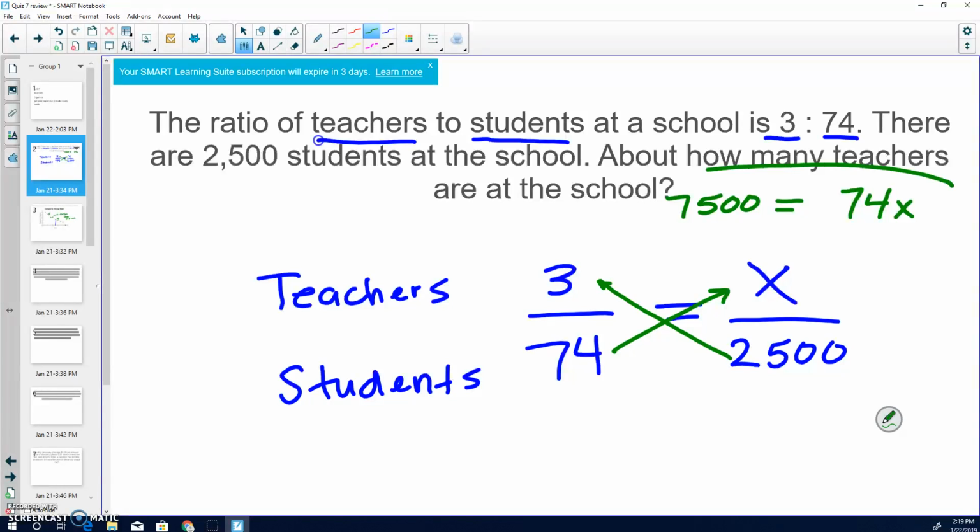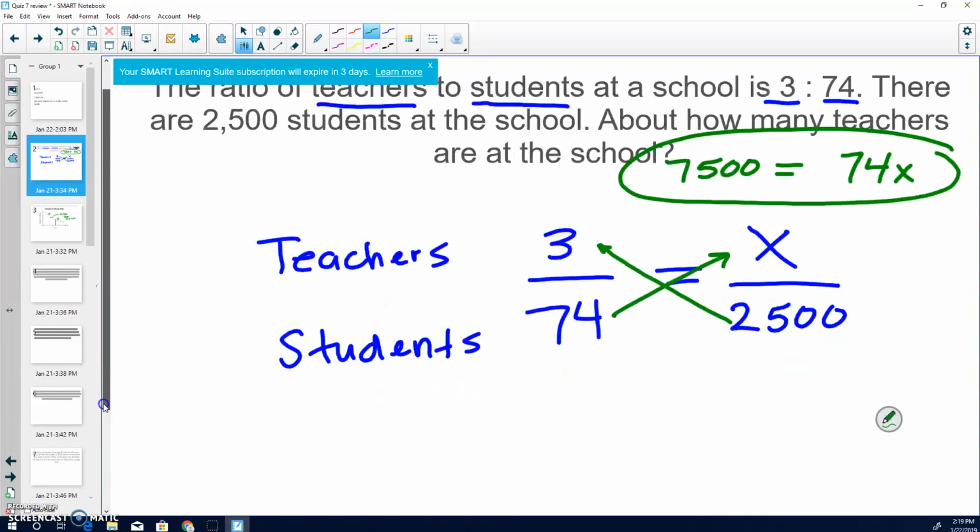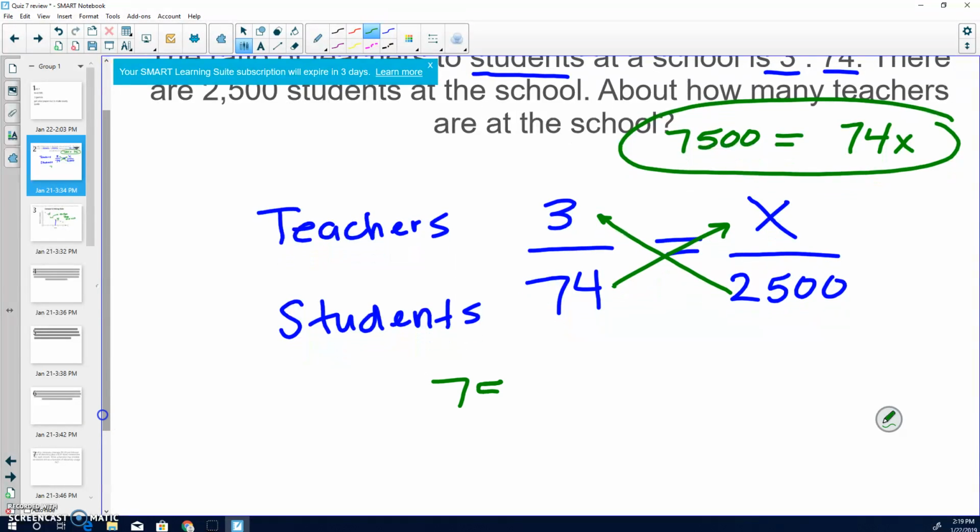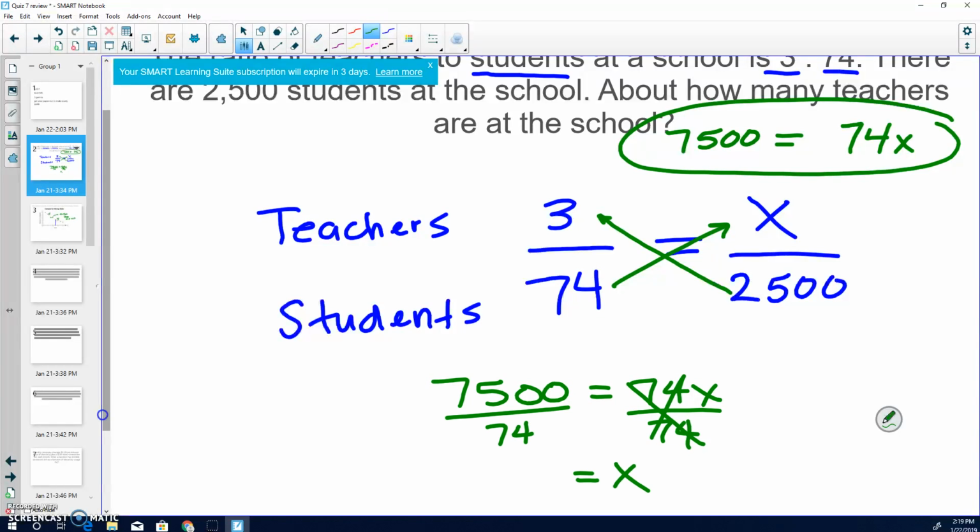Okay, so this is now your equation. So you have 7,500 equals 74x. How do I solve for x? Divide. That cancels out. So divide 7,500 divided by 74.